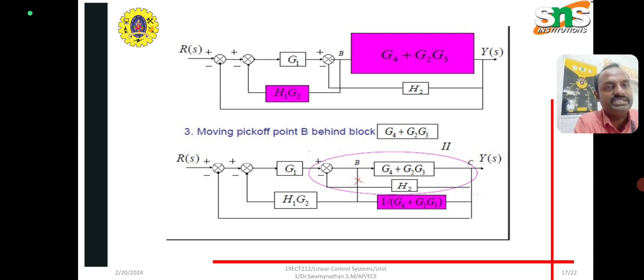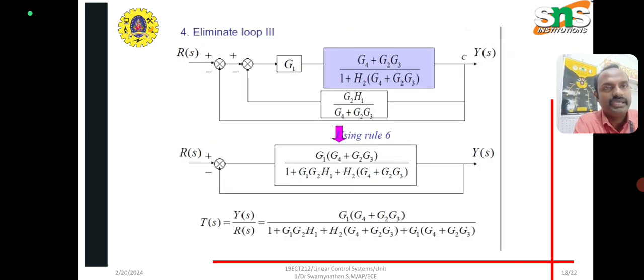Again, moving the pick-off point B behind the block G4 plus G2 G3, that is the third rule. Then eliminate loop 3. You get G4 plus G2 G3 divided by 1 plus H2 into that G block.